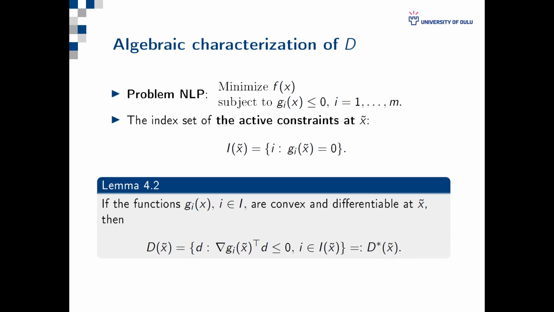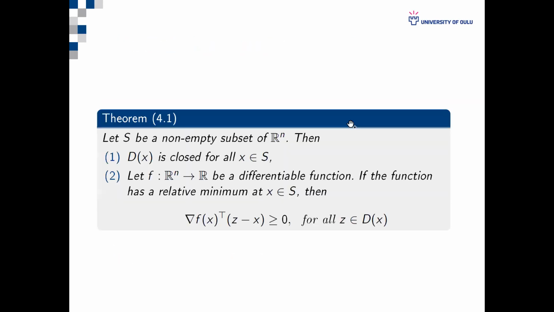And now we have, earlier, we had already proven that if the function has a relative minimum at the point x, then if I take any point from our constraint set or from this cone of feasible directions, the gradient of our cost function f, taking the scalar product with z minus x, this is a feasible direction, then the scalar product is non-negative.